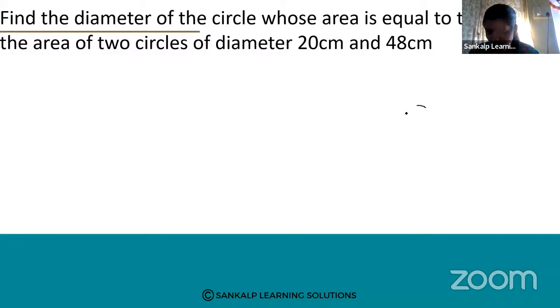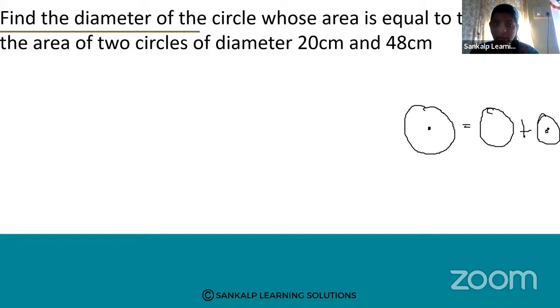That means one big circle is there. So this big circle is equal to the sum of the areas of two circles. See, these are two circles, call this A1 and this A2. So this is big A. So A is A1 plus A2.